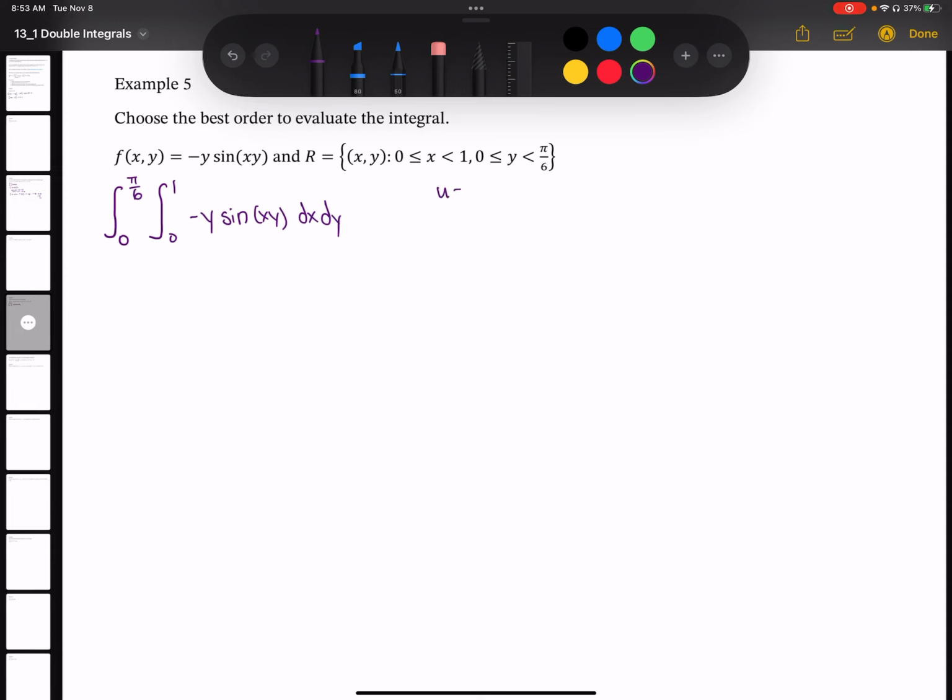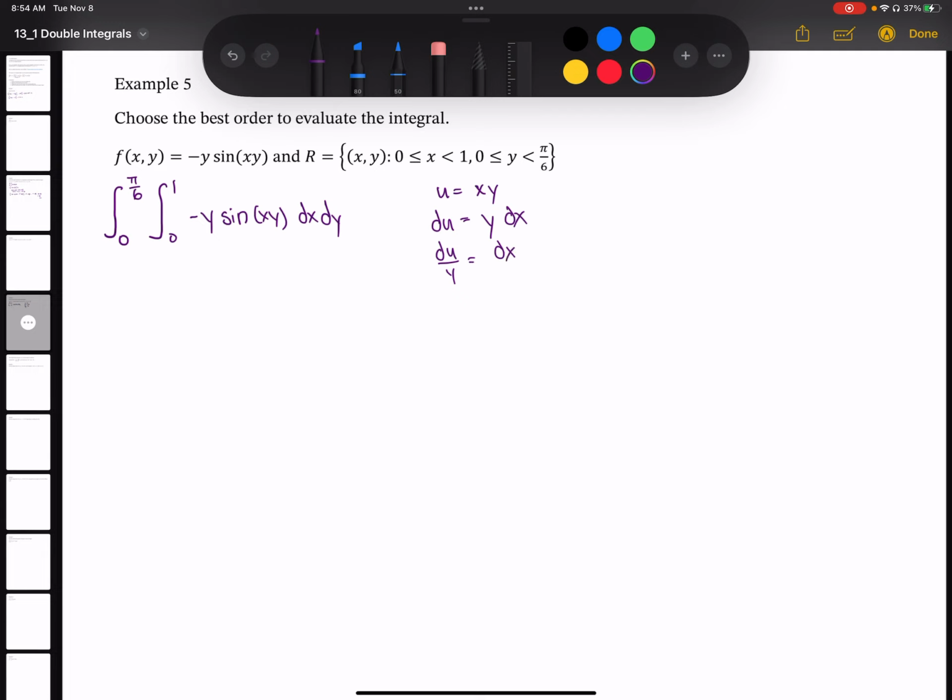So if we do a u substitution, we're doing a substitution so we can just integrate sine. So u is going to equal xy, and the derivative of xy with respect to x is just y dx. And so you know how u sub goes. We would have du over y is equal to dx.